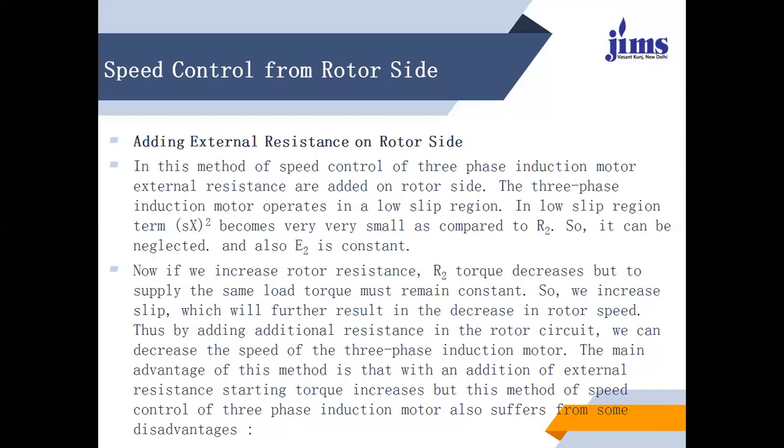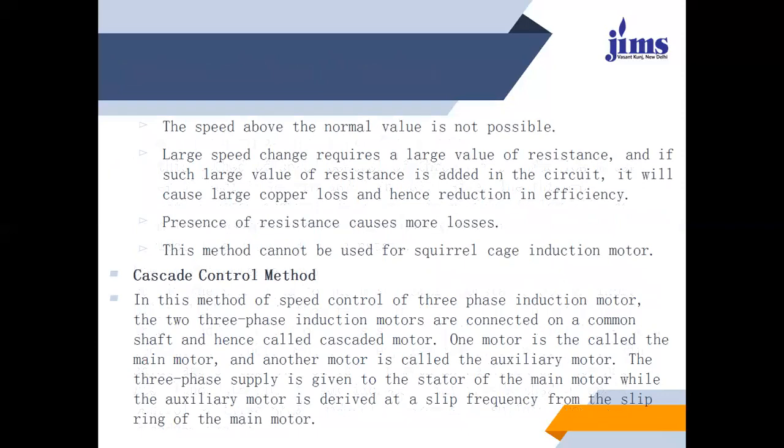But this method of speed control of a three-phase induction motor also suffers from some disadvantages. And these disadvantages are: first, speed above the normal value is not possible. Second, a large speed change requires a large value of resistance, and if such a large value of resistance is added in a circuit, it causes large copper losses and hence a reduction in efficiency.